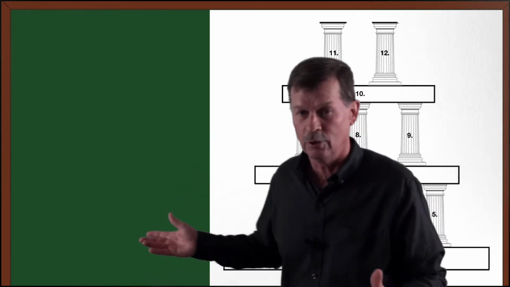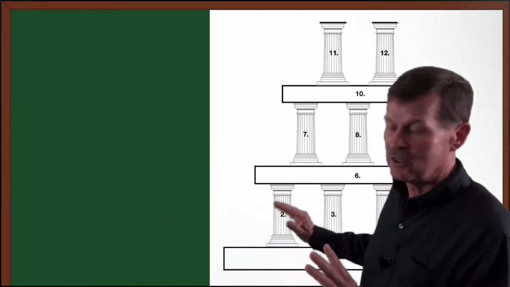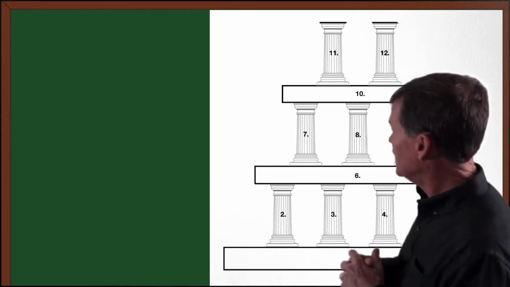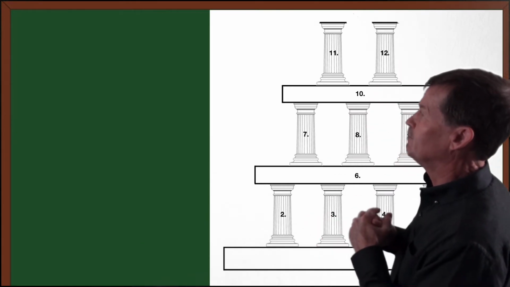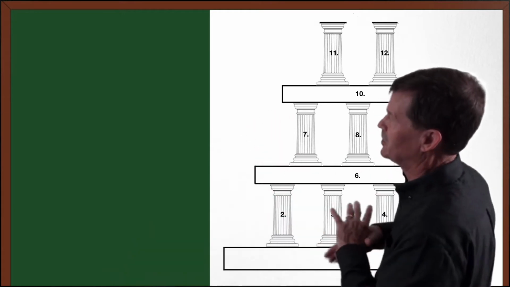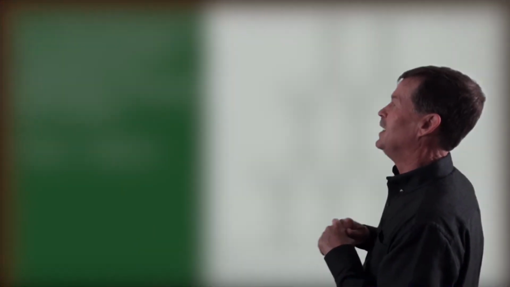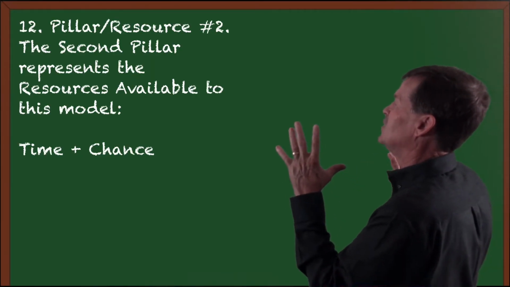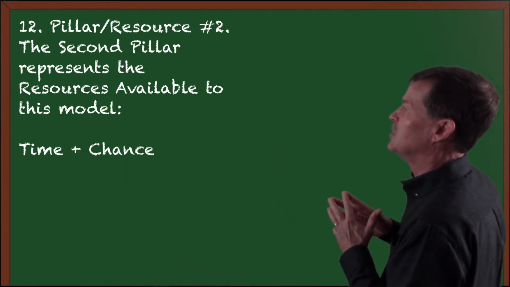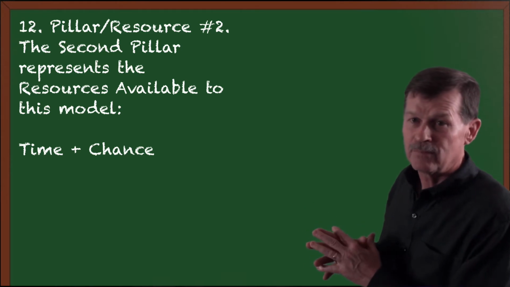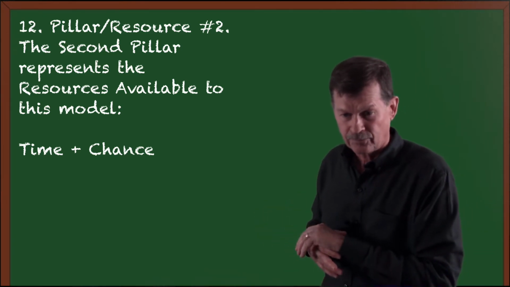You can see, I'll move a little bit so you can see and try to remember the diagram of how it goes. The second column that is on top of this building project, the second pillar is this. The second pillar represents the resources available to this model: time and chance.